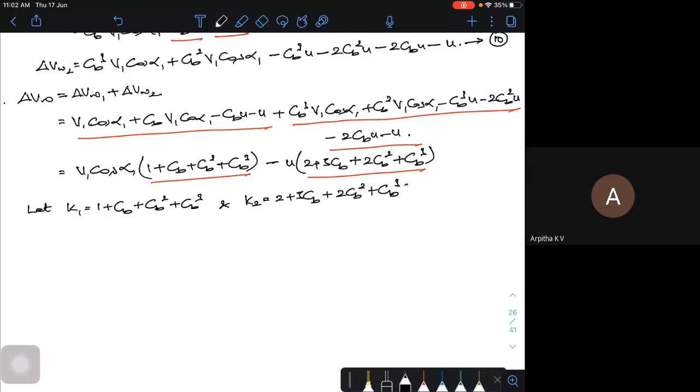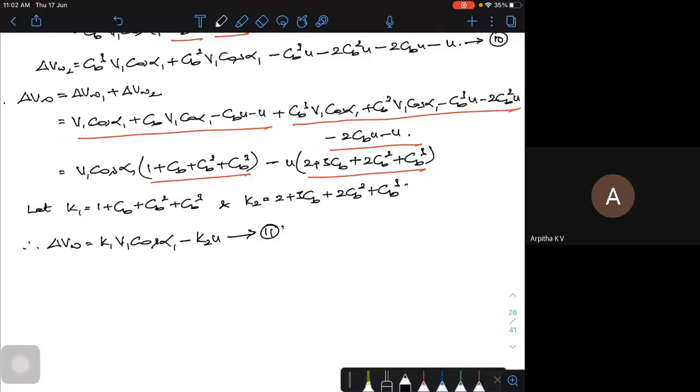Then these become constants. Therefore, your delta VW is equal to K1 V1 cos alpha 1 minus K2 into U. Let me call that equation 11. This is your delta VW.